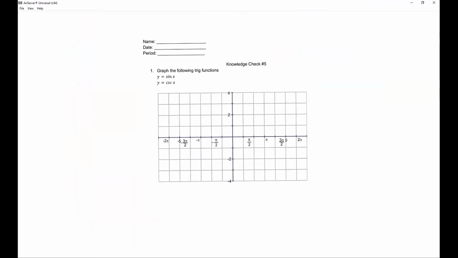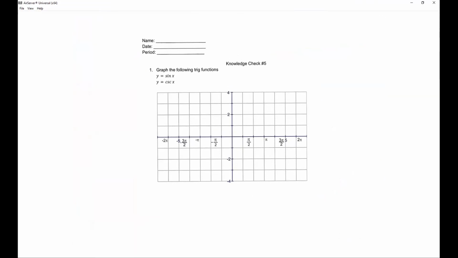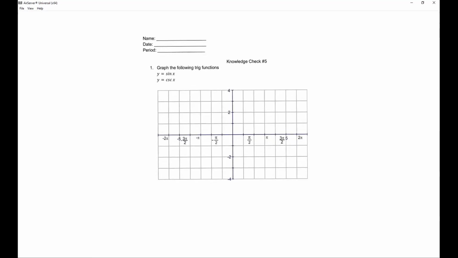So again, you guys could pick and choose which values you want to put, or maybe put the pi over 2 here, and then every 2, so pi, right? 3 pi over 2, and then right here would be 2 pi. Again, whatever you guys need to do.